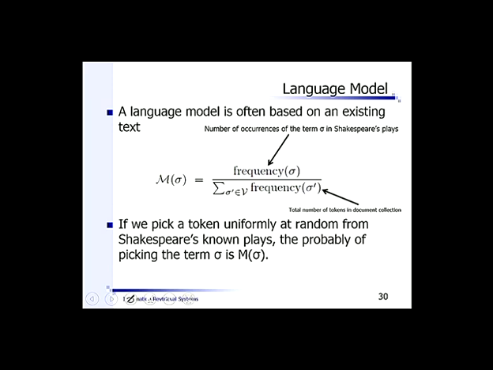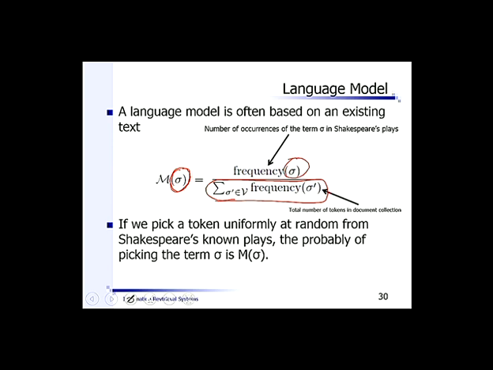A language model is often based on an existing text. Just like for a coin or dice, we know what the possible outcomes are. Similarly, in a language model, we know what the terms are. If we do not know the terms, we cannot make a language model, right? So we have terms, we know their frequencies, and we can calculate the probability by dividing the frequency of each term by the sum of the frequency of all the terms in the vocabulary.